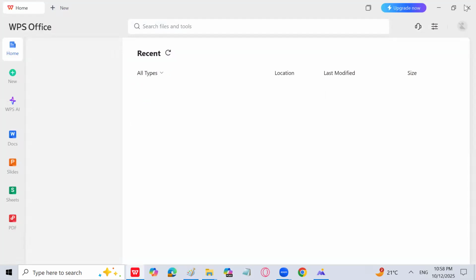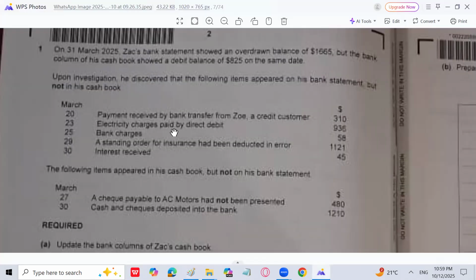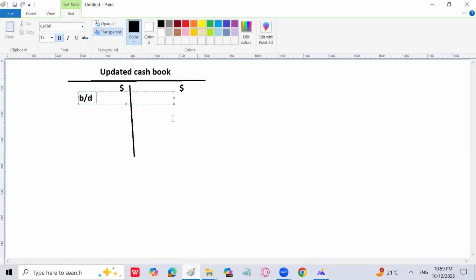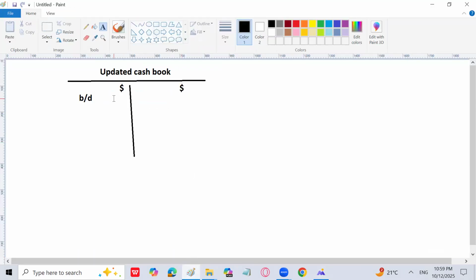I'm going to write the brought down over here. You will write the full portion of the brought down. The brought down available in the question is 825. So let me write it down. Brought down, and it is a debit balance, 825.